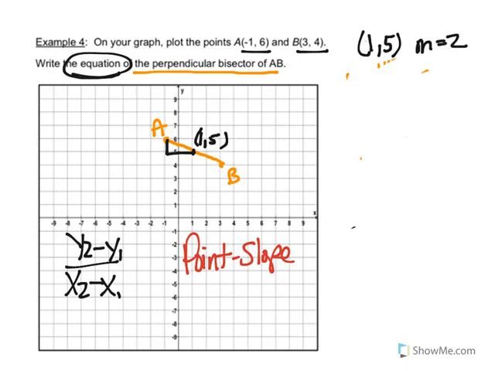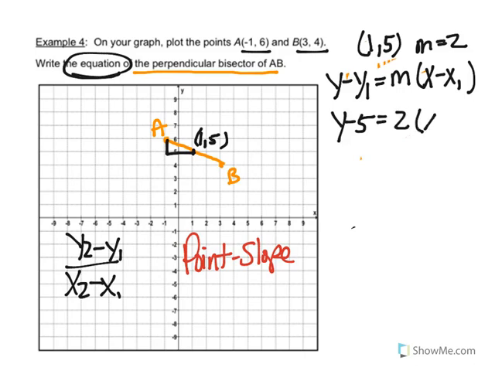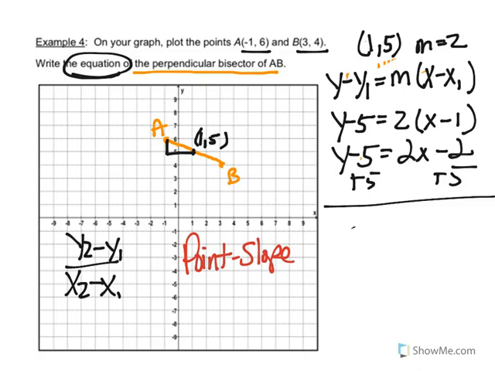So we're going to use point-slope form, which is y minus y1 is equal to the slope times x minus x1. So y minus 5 is equal to 2 times x minus 1. So you get y minus 5 equals 2x minus 2. Add 5 to both sides, and bada bing, bada boom. Here's our equation. y equals 2x plus 3.